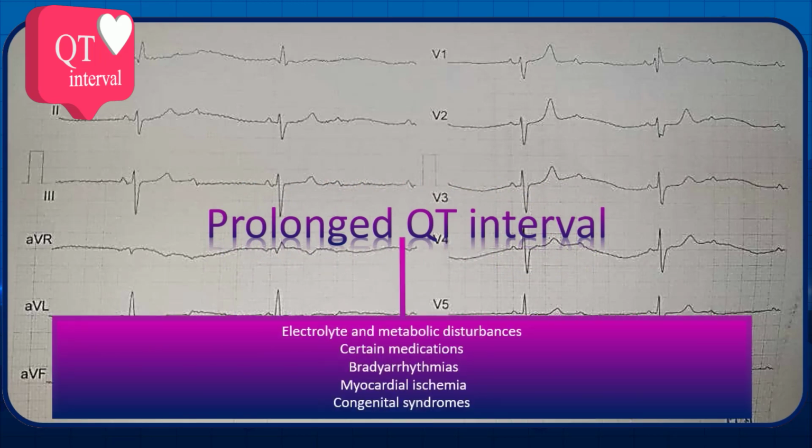As you see, electrolyte and metabolic disturbances, medications, bradyarrhythmias, myocardial ischemia, and finally, congenital syndromes are possible causes and potentiators of long QT. In summary, the prolonged QT may be due to underlying bradyarrhythmia. But it's better to check electrolytes level, including potassium, calcium and magnesium.